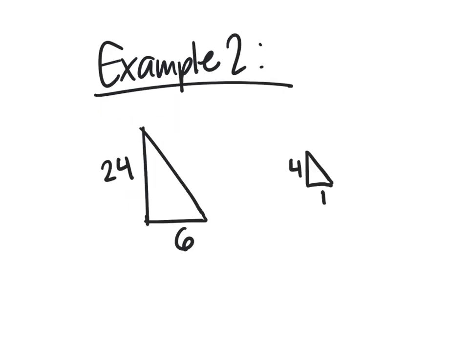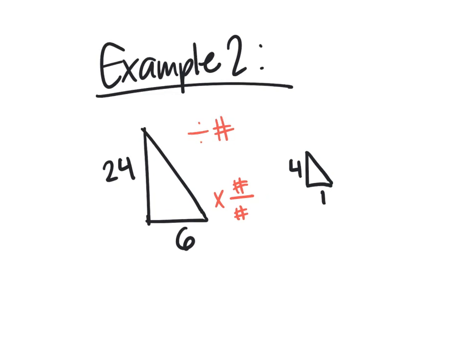Here I'm going from a larger shape to a smaller shape. And whenever we go from a larger shape to a smaller shape, typically you would think, oh, I need to divide by some number. But because our scale factors are what we're multiplying by, instead of dividing by some number, you could multiply by some fraction. Whenever you multiply by a fraction, usually you're going to have something larger in the denominator, and that would make it smaller.